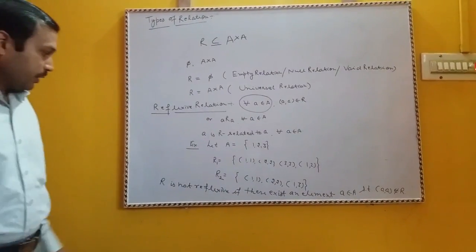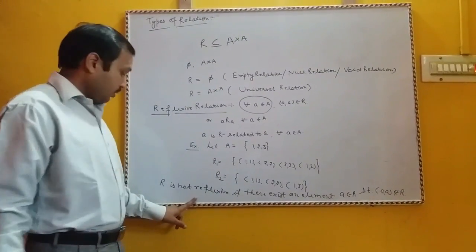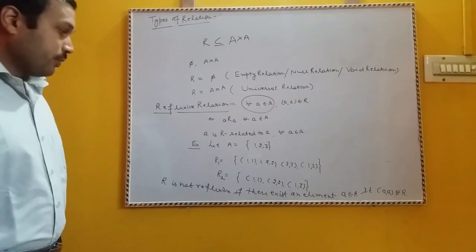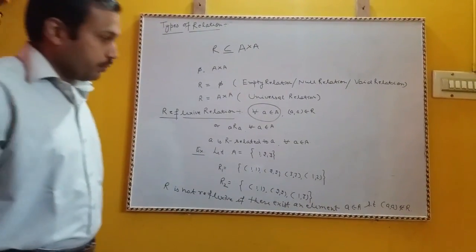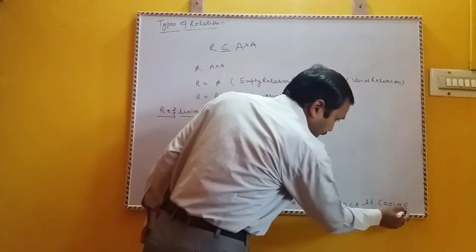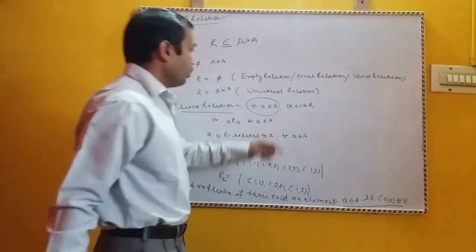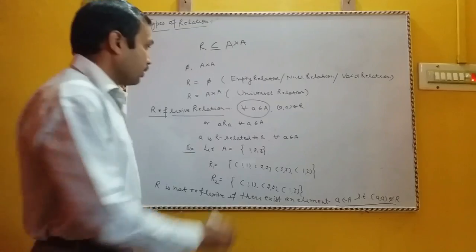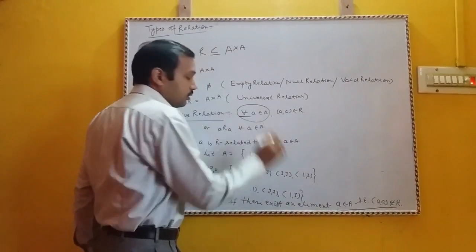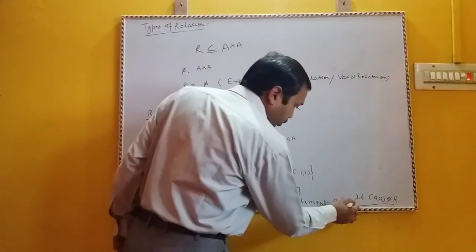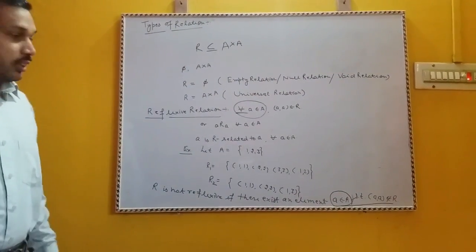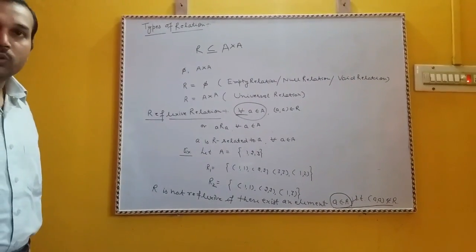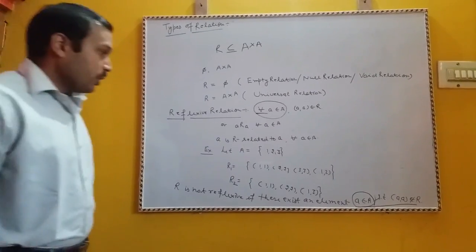So in this case relation is not reflexive. The difference in this language and this language: here the word is used for every, and here is no such word, only A belongs to A, यानी कि any element belongs to A. Clear?